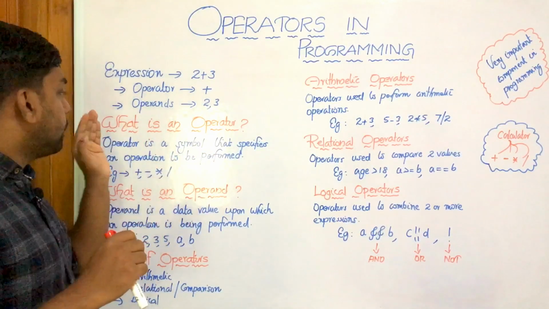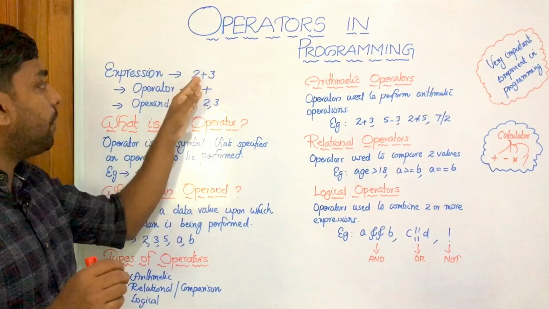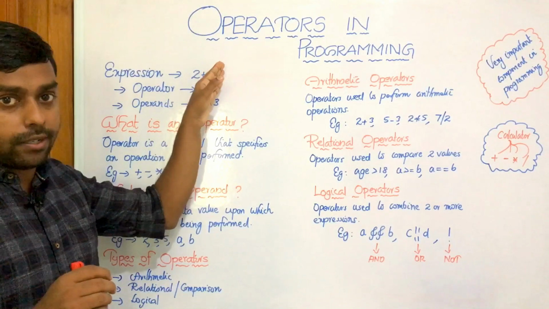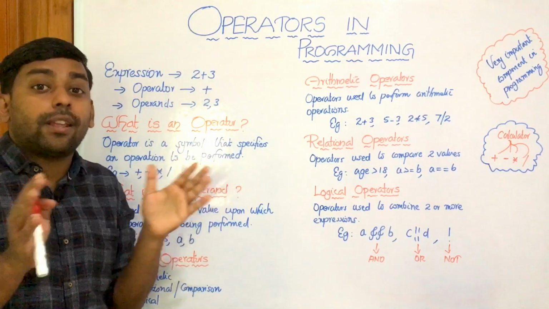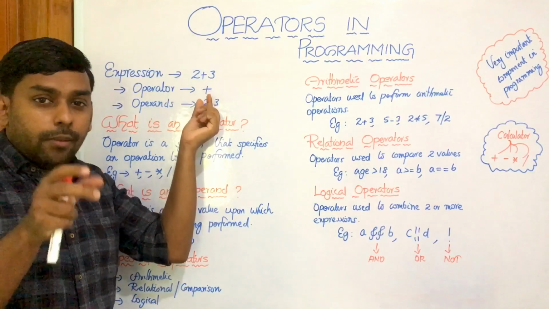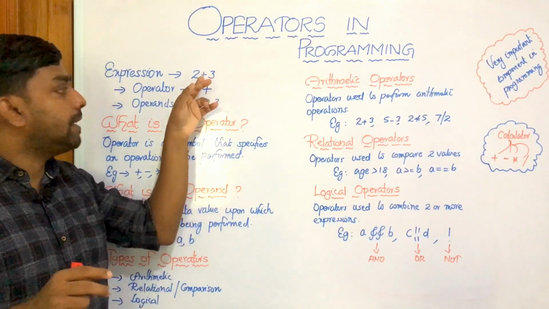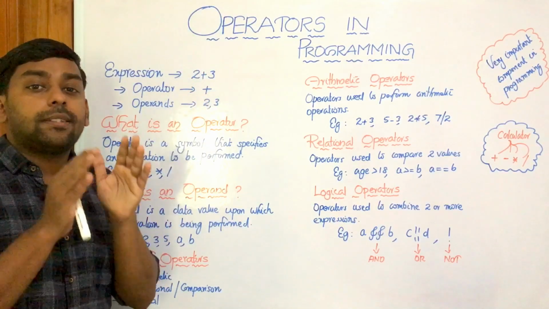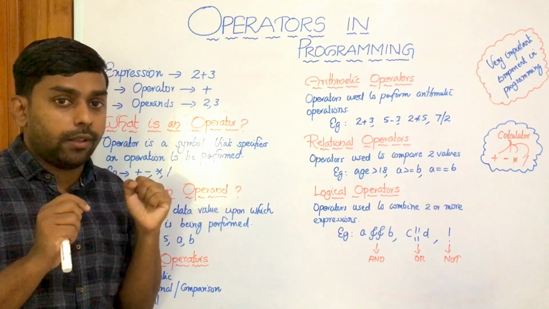Now, what is an operator? In this expression 2 plus 3, we have both operator and operands, right? Plus is the operator and 2 and 3 are the operands. Let's define the terminology operator using plus. Here plus is a symbol, right? So an operator is nothing but a symbol that specifies an operation to be performed.